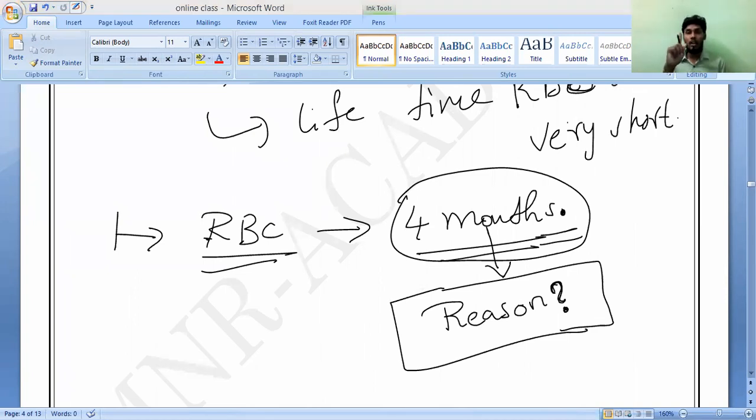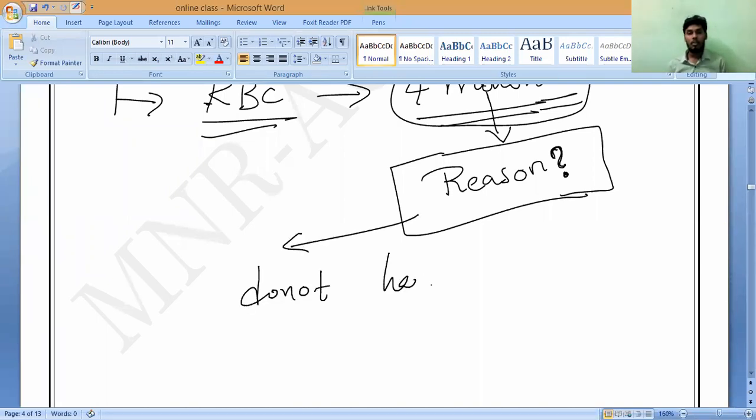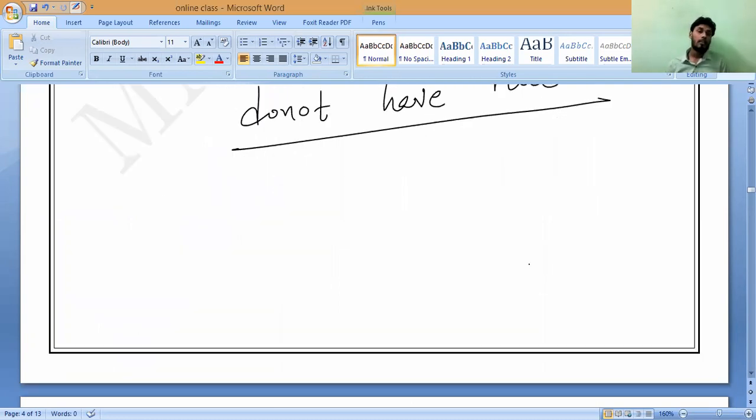The only one reason for the short life of red blood cells is that they do not have nuclei. Please, all of you note it down. What is the reason behind it? Because RBC do not have nuclei. Please note it down. So that is why their lifespan is very, very less.